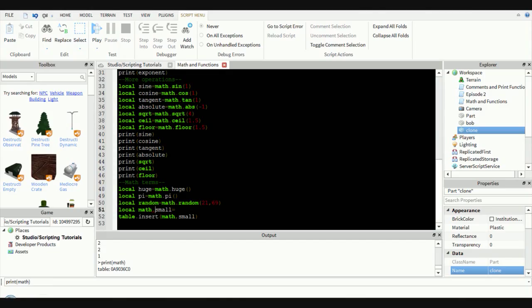Okay, so local small equals 1 to the power of negative math.huge. I'm going to try to print this out first to see if it actually works, or if I did something wrong.